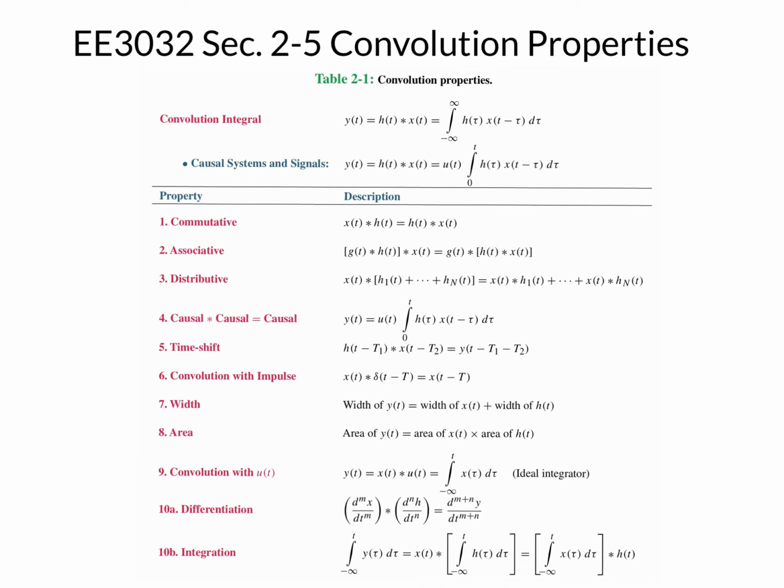So we're going to prove, using the definition of convolution itself and just a little bit of calculus, that if I convolve a function with an impulse response, the area of the result is just the product of the two areas. And we'll do an example with that as well, in addition to proving it.